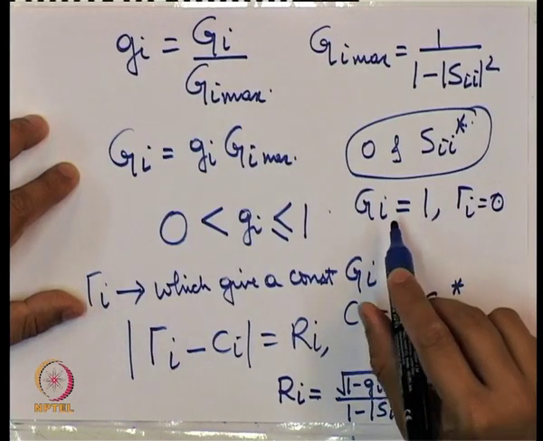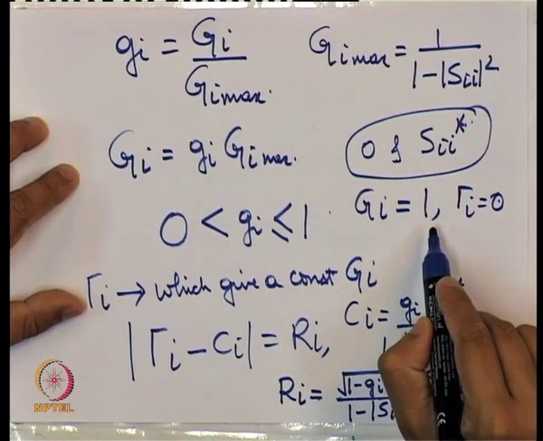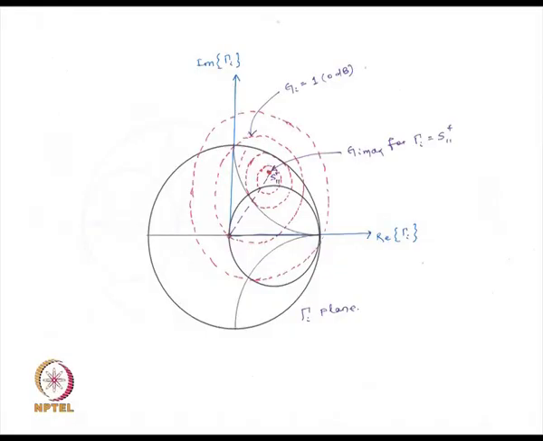So, in other words, Gi is equal to 0 dB, that is, there is no gain for gamma I equal to 0. So, if we now go to the slides on the monitor, we see that if we draw these circles, the circles will look something like this.